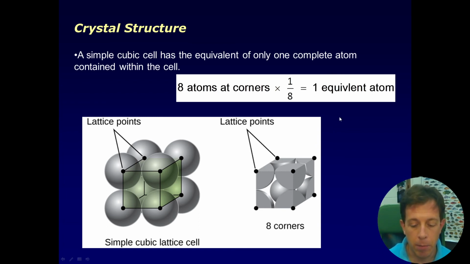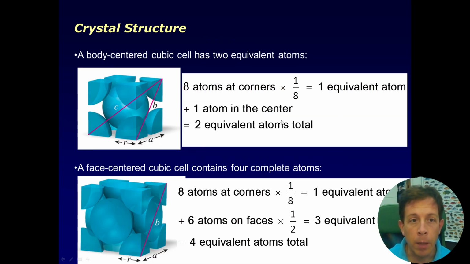Slight misspelling here. For a body-centered cubic cell, we have 2 equivalent atoms, because we have again the same atoms at the corners, and we've got 8 corners, and each atom contributes 1/8 to the total, because only 1/8 of that orange is inside of the unit, and 1 atom in the center for a total of 2 equivalent atoms.